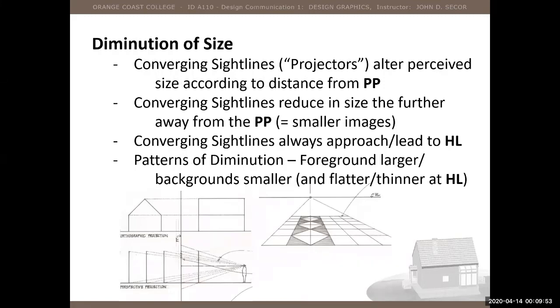So as a result, there's this diminution of size as we converge those sight lines to their vanishing points. And you can see that in some of the illustrations here. Some of the elements get smaller and closer together. Some of their juxtapositioning changes, and some of the elements change their shape as they move closer to the horizon line. So all these things are part of the optical illusion or optical distortion that happens with perspectives.